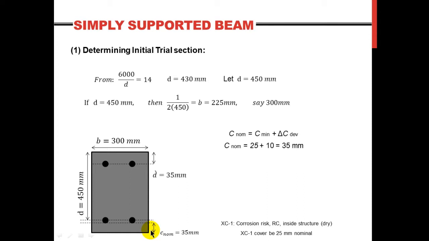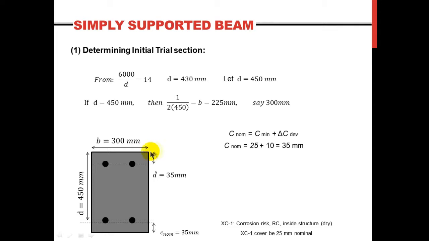Just to make this clear, when I say the nominal cover, it's from the extreme bottom to the face of the reinforcement. And of course here, I didn't really draw it, but we have the shear links here. So it is from the bottom to the face of the shear links. It is going to be 35.